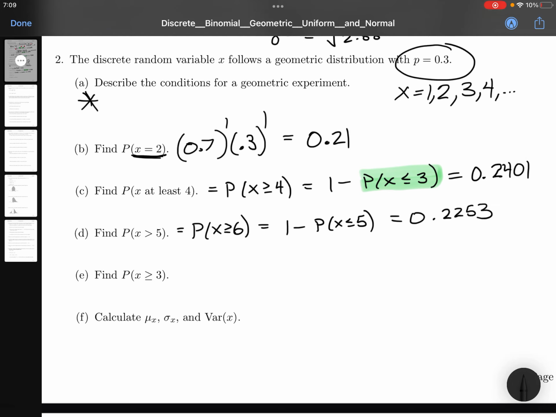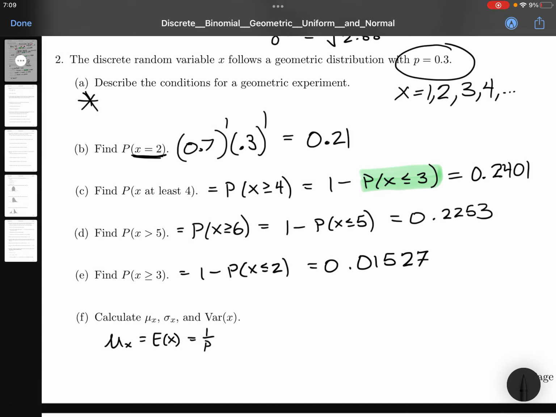Probability that x is greater than or equal to 3. 1 minus the probability that x is less than or equal to 2. Again, another cumulative here. With the 1 minus subtracted from 1 already, we get 0.01527. Not very likely.